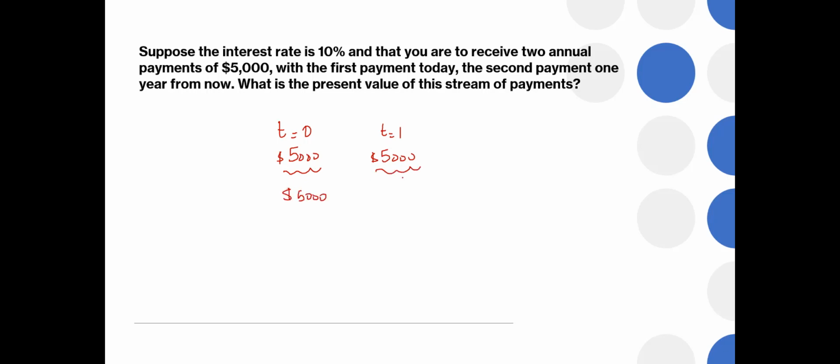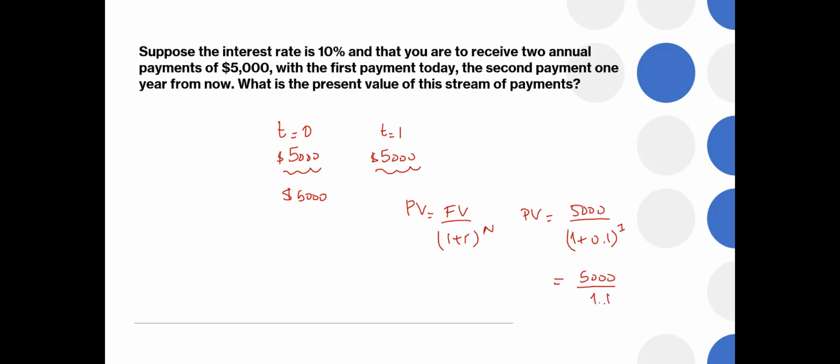But we need to find the present value of the second payment because we are going to receive it in a future period. Present value is future value divided by 1 plus r to the power n, where n represents the number of years. The future value is 5,000, 1 plus 10% is 1.1, to the power 1, so in this case 5,000 divided by 1.1.